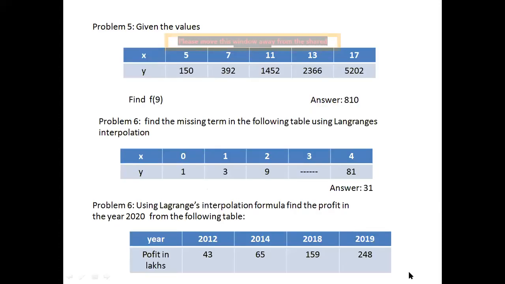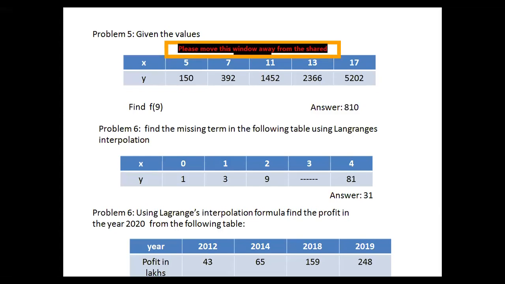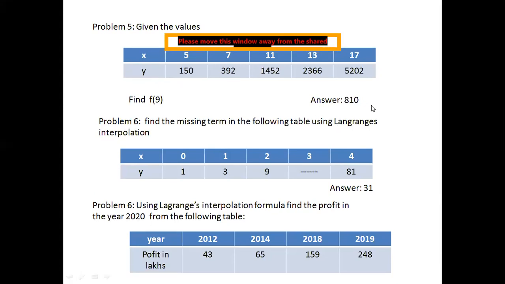Right. So like that, you try to solve some more problems using Lagrange's interpolation formula. In the first question, we are given to find the value of f of 9, and here the answer is given. Check that answer will be equal to 810. The direct question. Here, no need of finding the polynomial.